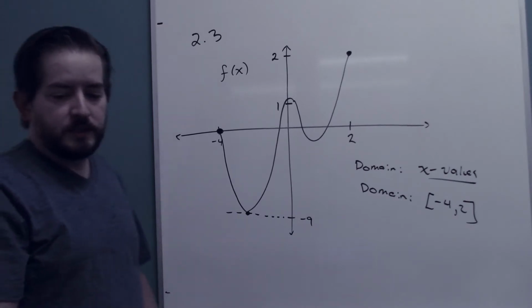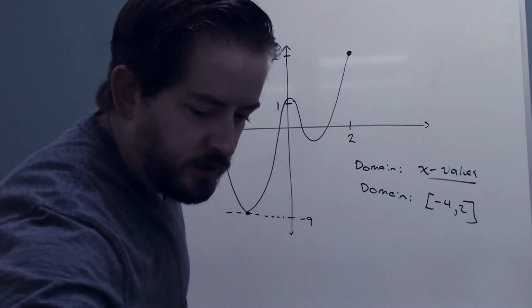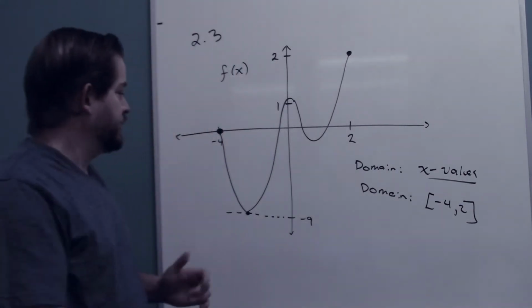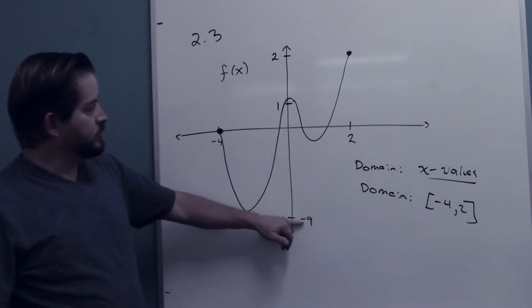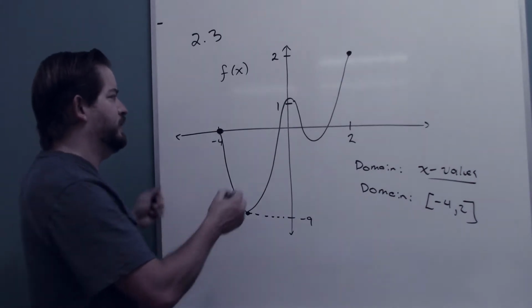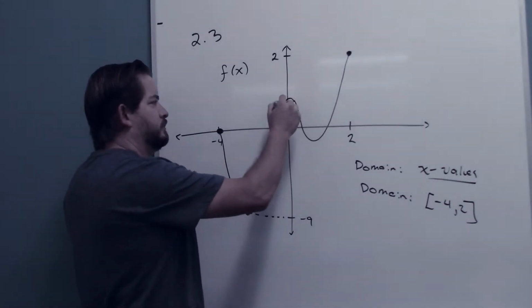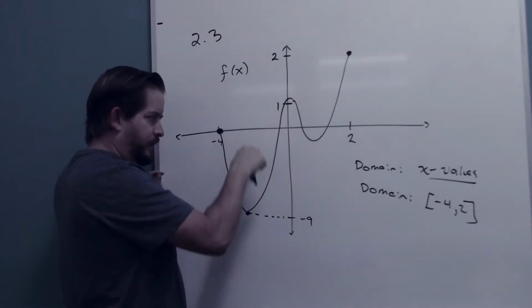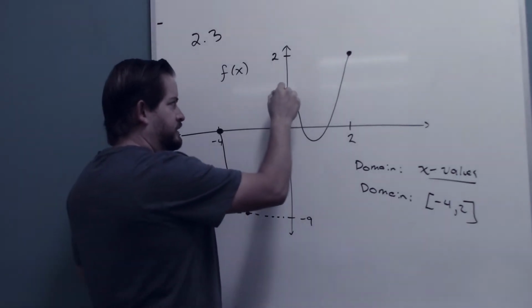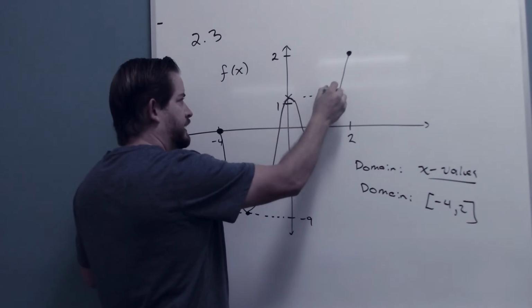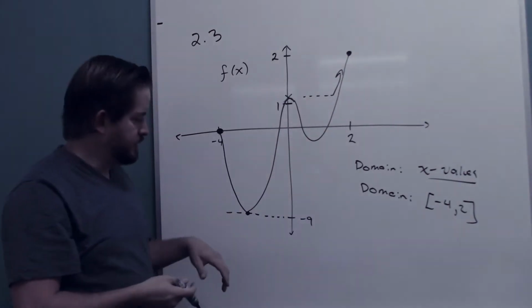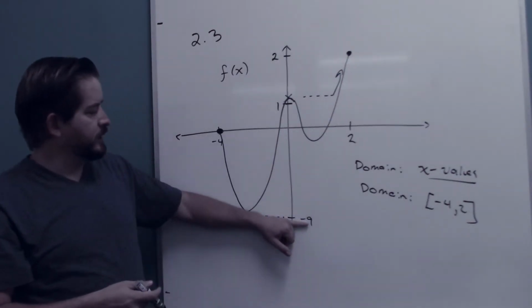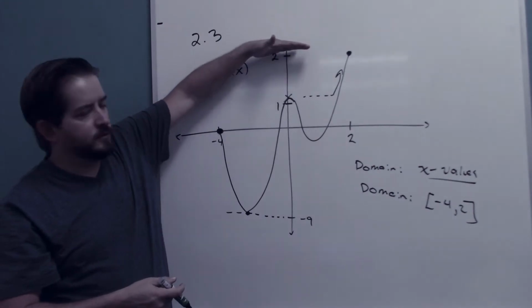The other question is, what is the range? And the range is the y values, right? It's all of the y values, so in between -9, and it's weird because this kind of misses and goes above 1. But the range is all of those y values, and it doesn't just stop here, it keeps going over here, right? So the range is all of the numbers between -9 and +2.